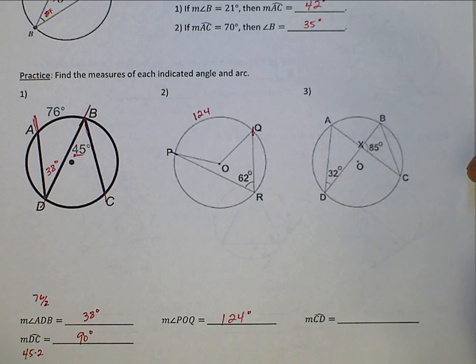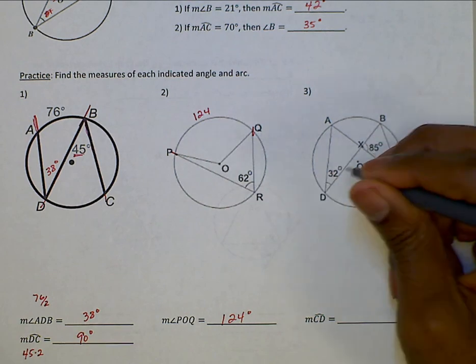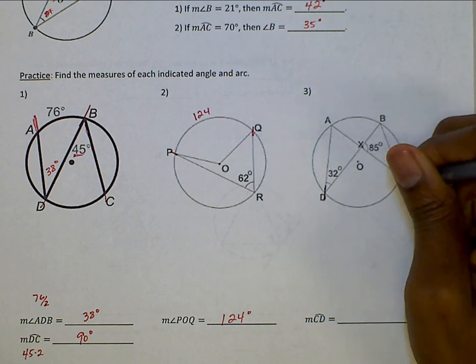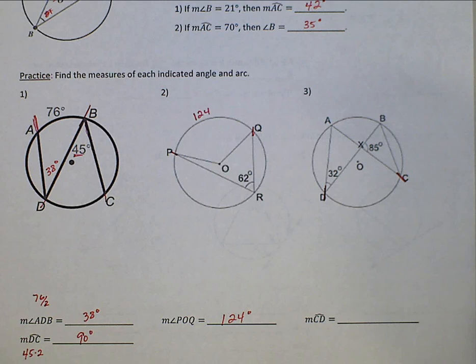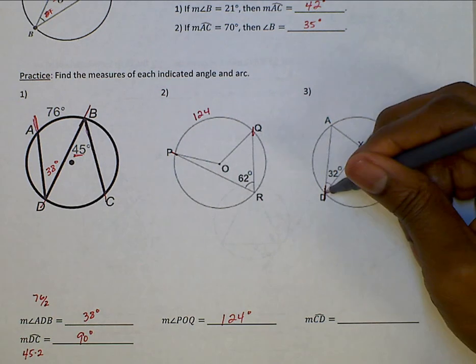We're going to find the measure of arc CD. So, arc CD here, I see a few different lines that intercept CD. And so here, I'm going to extend some of those lines.